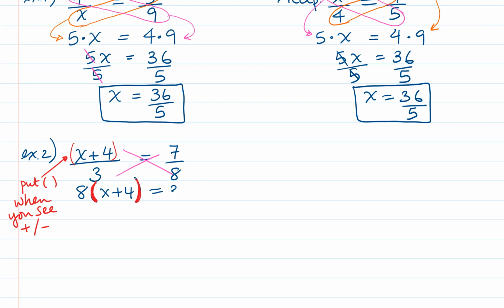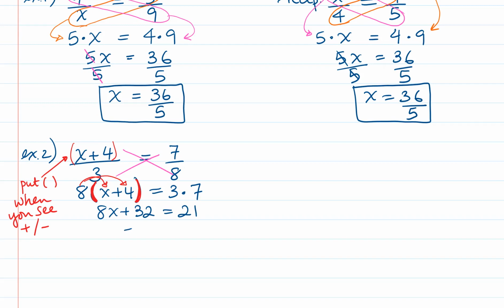3 and 7, that's 3 times 7. This is where we need to distribute the 8 into the x and into the 4, which gives us 8x plus 32 equals 21. Solve for x the same way we know how.